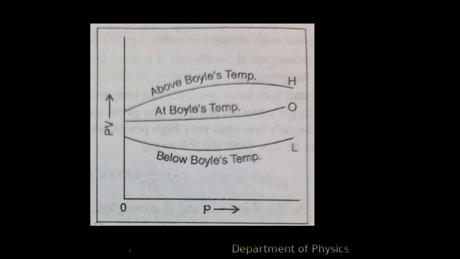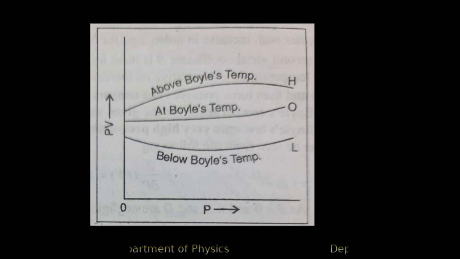Below the Boyle's temperature, with increase in pressure, the product PV first decreases, acquires a minimum value, and then starts increasing.